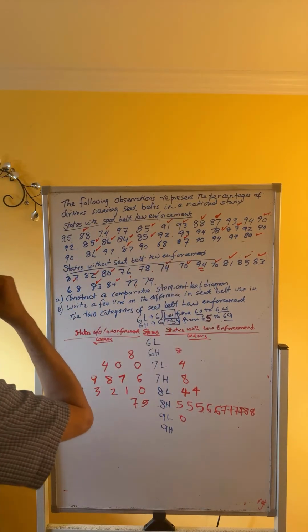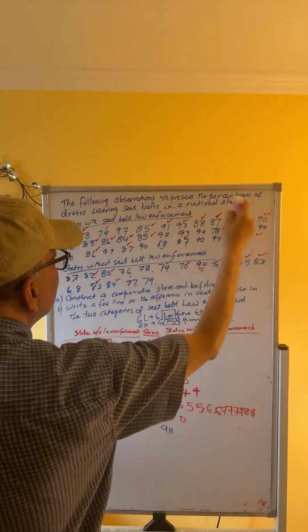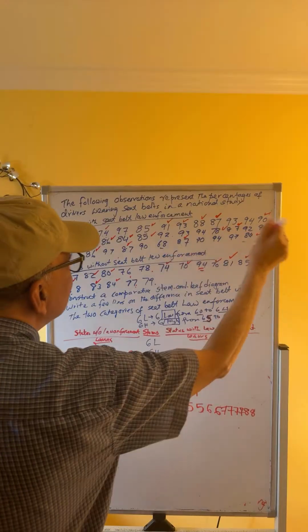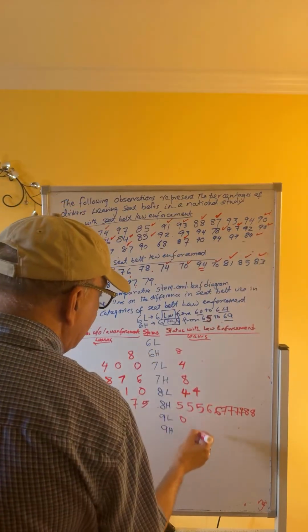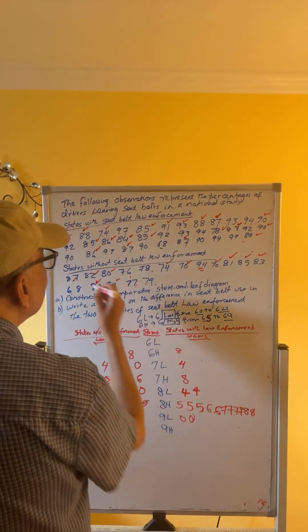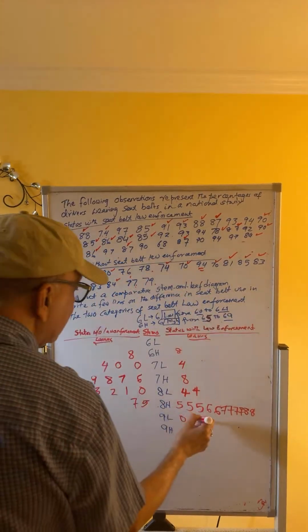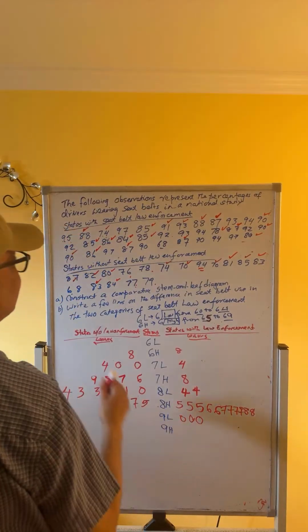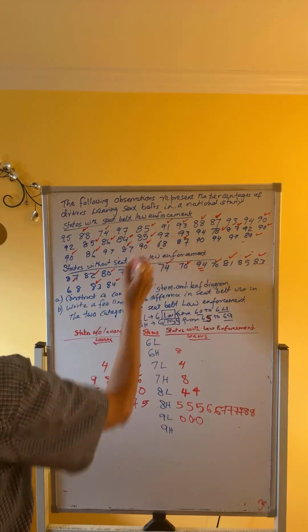Let's only look for 90s first. 1 90 over here. Any more 90? There is 1 90 over here. Then there is 1 90 over here. So all the zeros means there are 3 90s. And then there is a 4 90 over here.